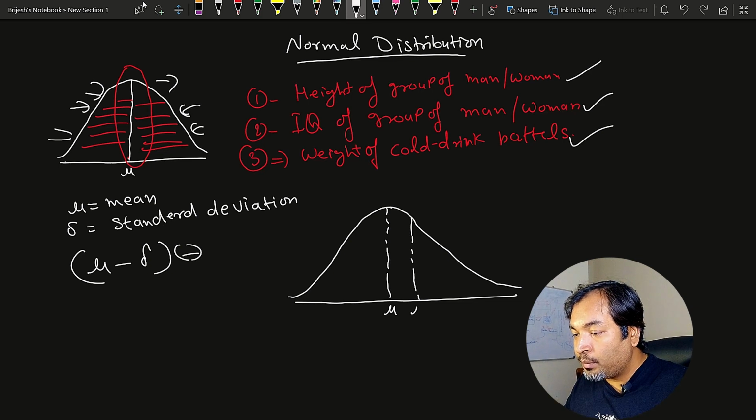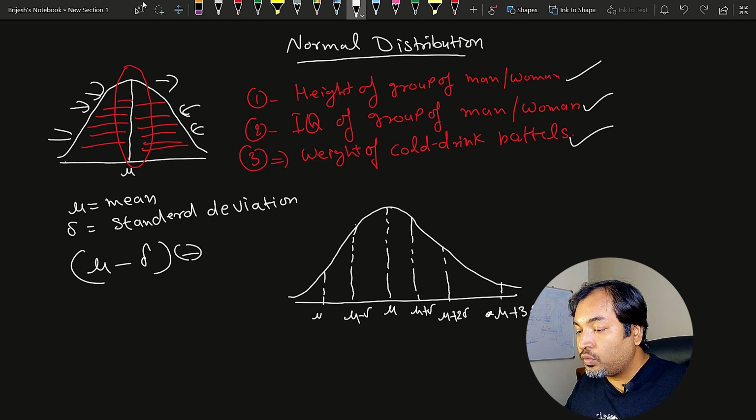If we go mu minus eta, then mu minus 2 eta and mu minus 3 eta. Similarly, on the other side, mu plus eta, mu plus 2 eta and mu plus 3 eta.